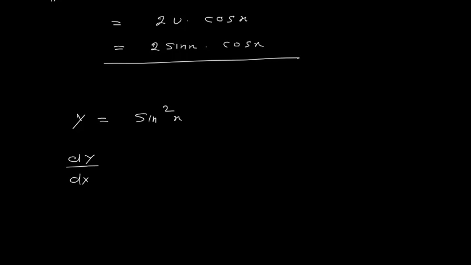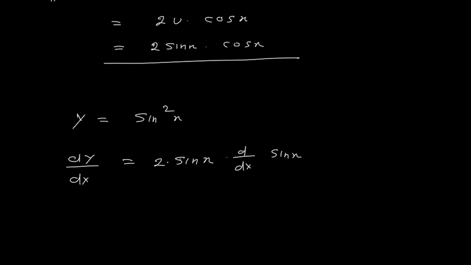The outer function is a square, so its derivative is 2 into the inner function. In our case the inner function is sin x, so we write 2 into sin x, and then differentiate the inner function, which is sin x.